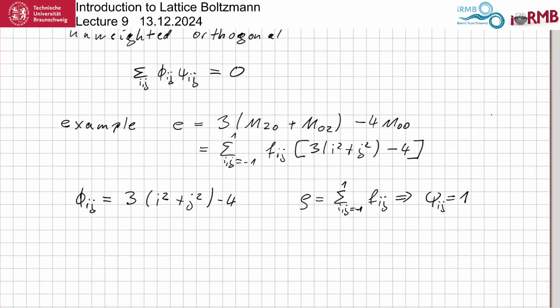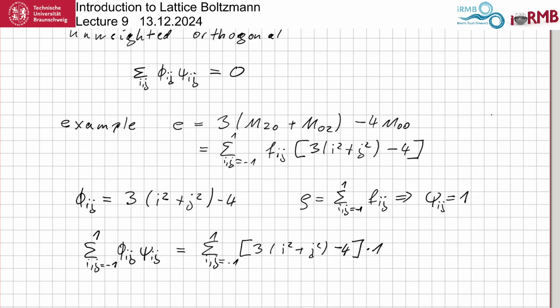Now you can check this by doing the sum over i, j from -1 to 1 of phi ij times psi ij. Psi ij is simple because it's 1. So you have 3 times i squared plus j squared minus 4, and this times 1 because the other one is just 1.